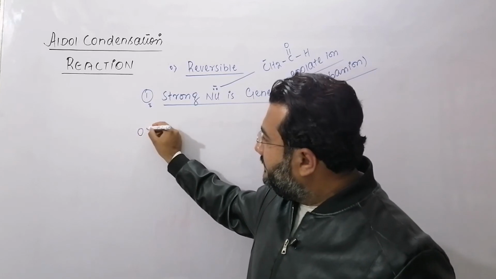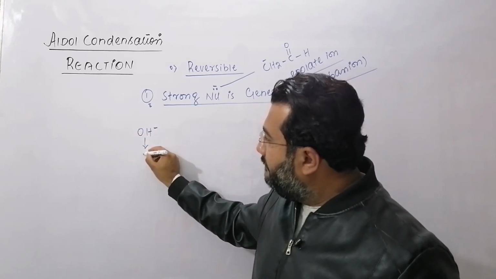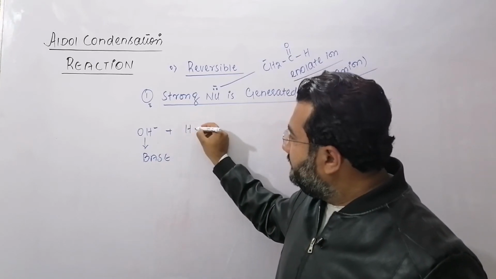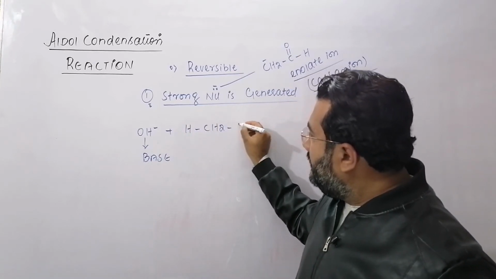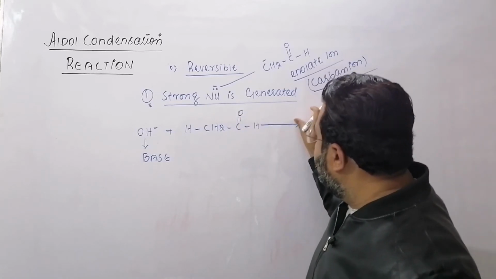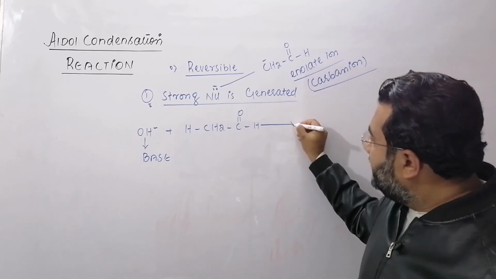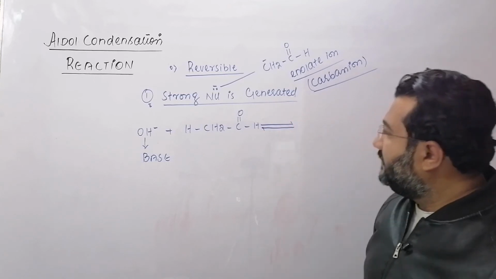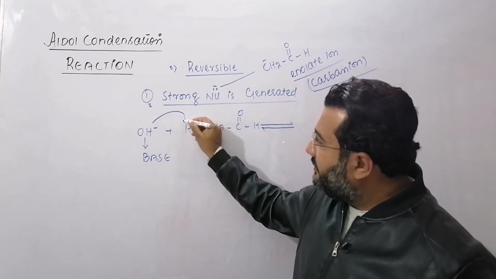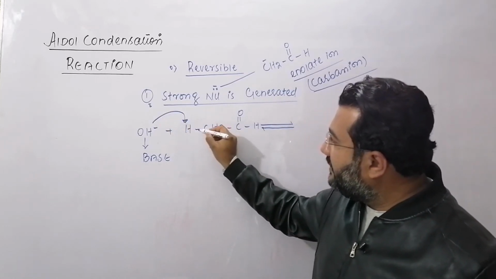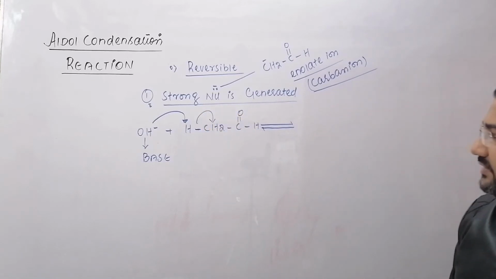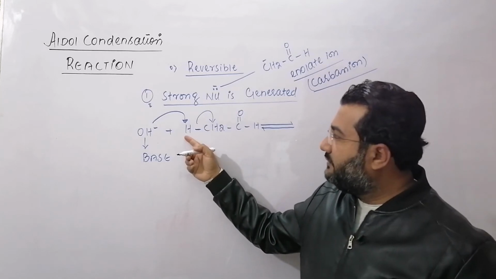So in the first step, the base attacks the alpha hydrogen of the acetaldehyde molecule. All the steps are reversible. So this base will attack the alpha hydrogen, and the alpha carbon will take the 2 electrons of this bond, and the hydrogen will be removed in the form of H positive.